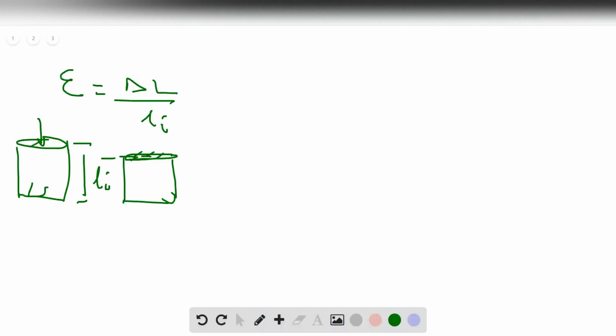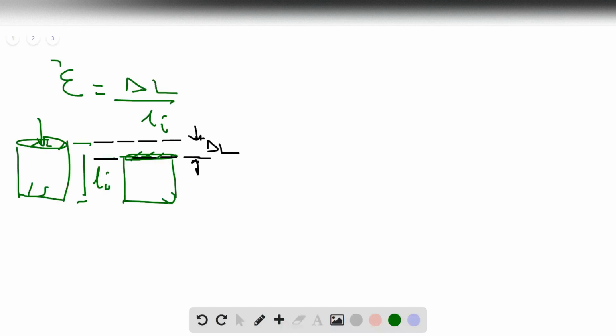More than anything, we're interested in this specific displacement right here. That displacement is what we're calling delta L.